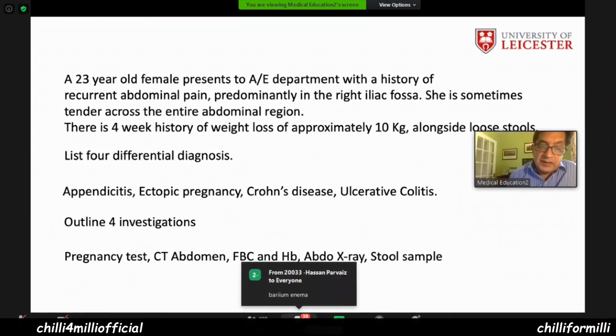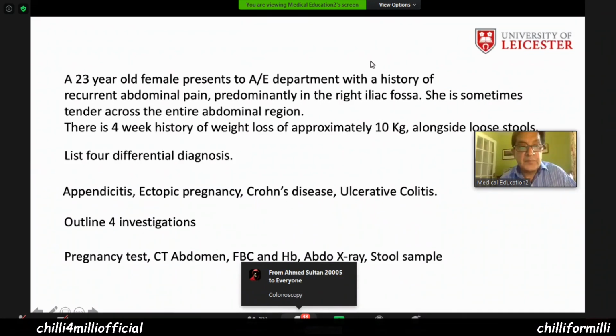CT abdomen, that is the right diagnosis. Full blood count, hemoglobin, someone said sigmoidoscopy, Sadia, that is correct. Abdominal X-ray, well, if you are doing CT abdomen, why would you want to do abdominal X-ray? Stool sample and sigmoidoscopy.